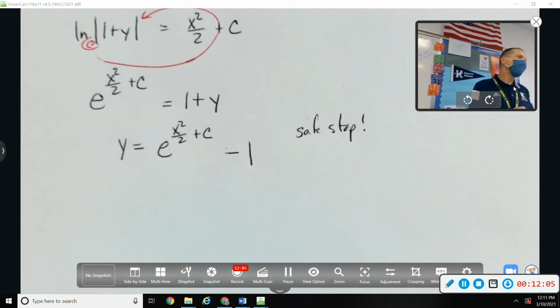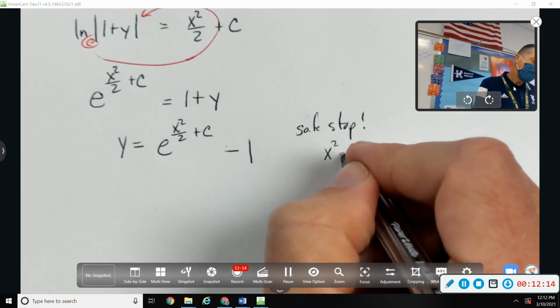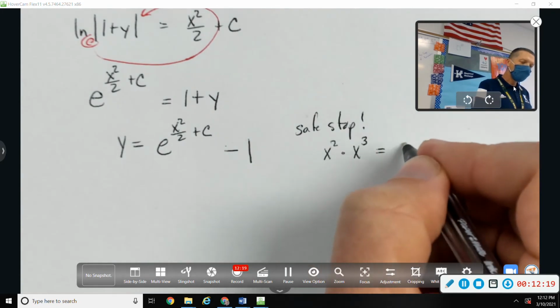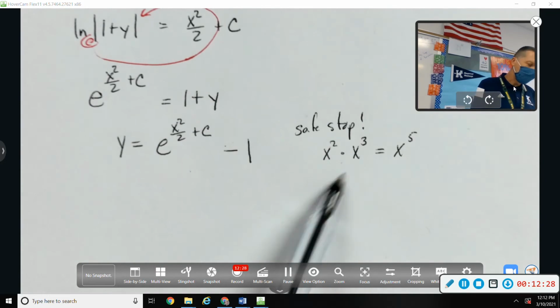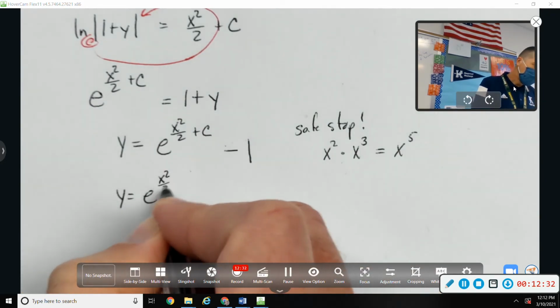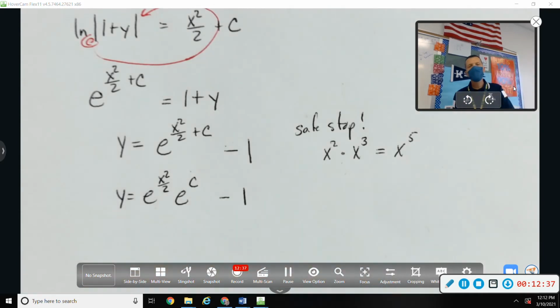What makes exponents add? Let's back up and think back to our Algebra 1 days. Multiplication? Yes, multiplication. Like if we have x squared times x cubed, that's x to the 5th. We added the exponents. So with this exponent that's been added, I kind of want to unadd them and write it this way: e to the x squared over 2 times e to the c, minus 1.